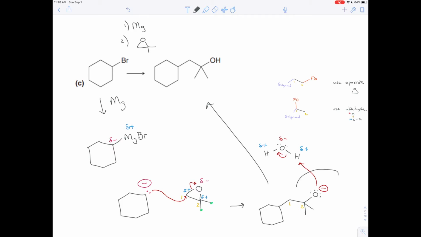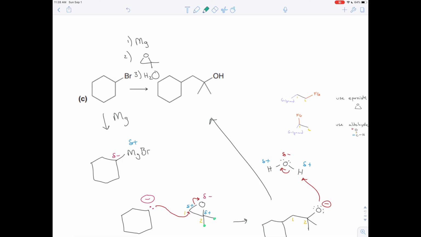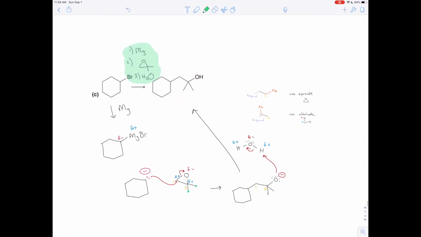Once we had that, we just had to add a hydrogen onto the oxygen there. So that third step is just adding water as a source of those hydrogens. And those 3 steps together are the answer for this problem. That's how you can make this transformation happen.